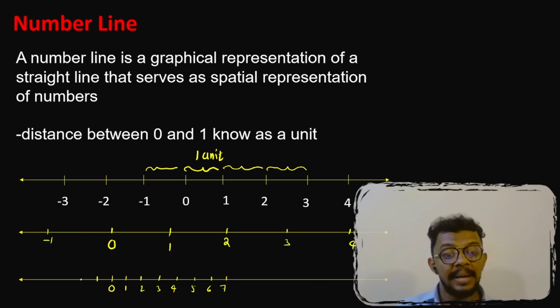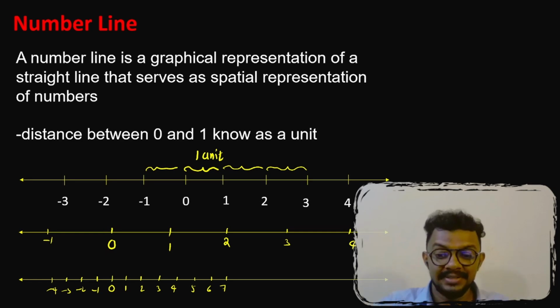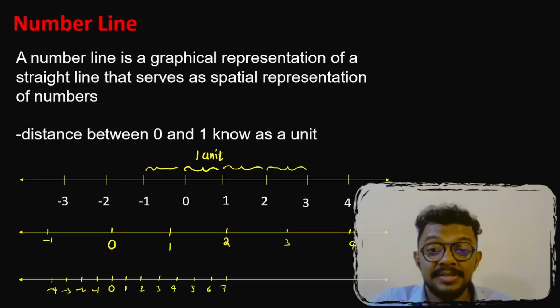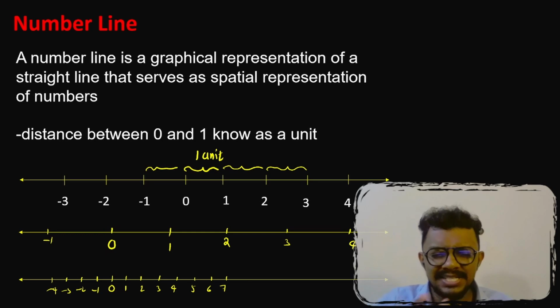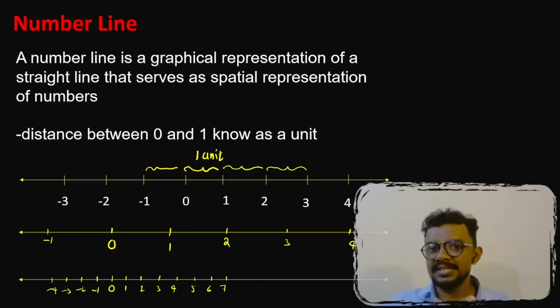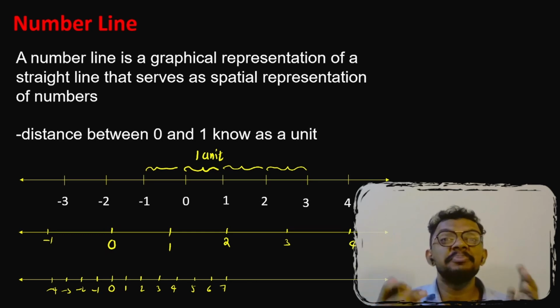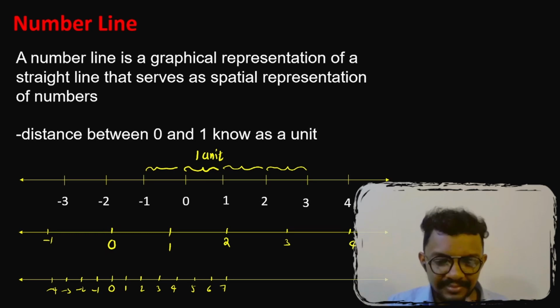Somewhere left of it, minus 1, minus 2, minus 3, minus 4, etc. Hope you got it. So don't forget the next point: as it moves rightward, the numbers increase. As it moves leftward, the numbers decrease.